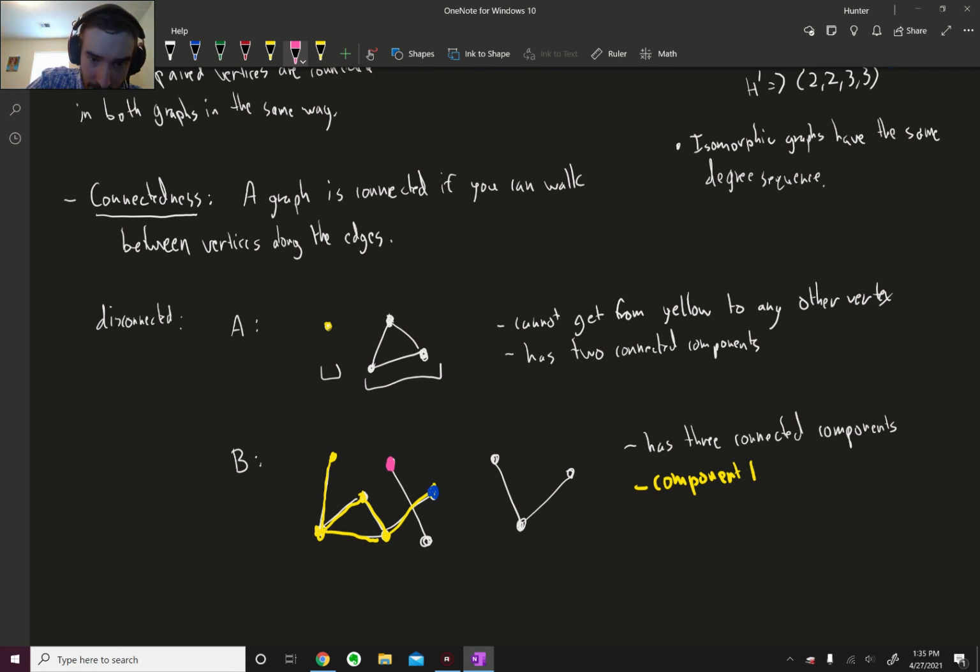Then pink is another connected component. These 2 vertices are connected to each other, but not to anything else. And then finally, this set of 3 vertices off on the right is a final connected component. The 3 green vertices are connected, but they're not connected to yellow or pink.